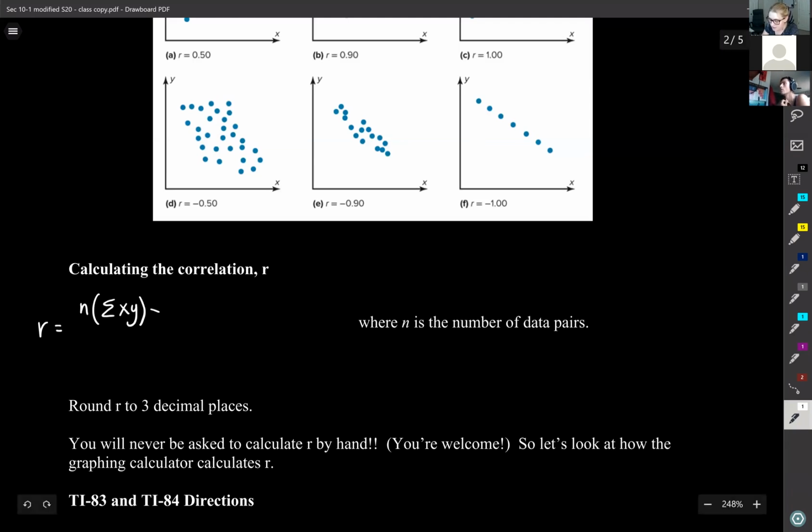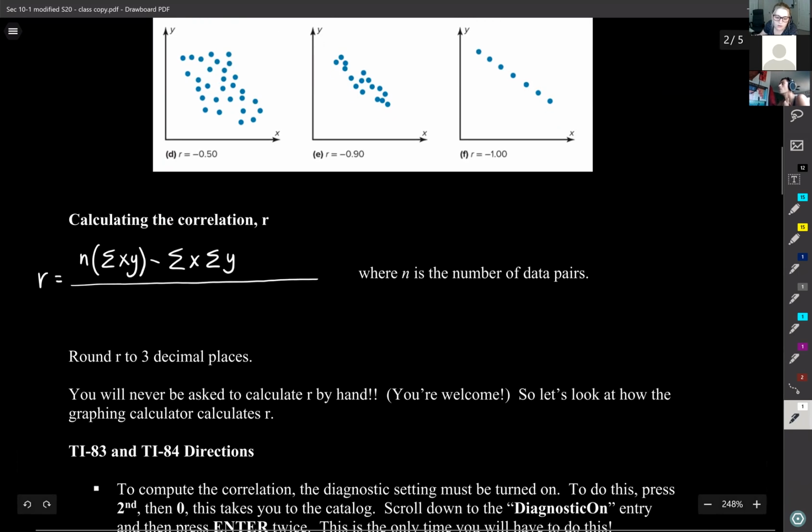xy minus the sum of x times the sum of y, all over. Okay, my notes slightly got cut off. Let me make sure this is correct. You're not going to need to use it, but that goes to show you how much I don't use it, because I don't even have it memorized.